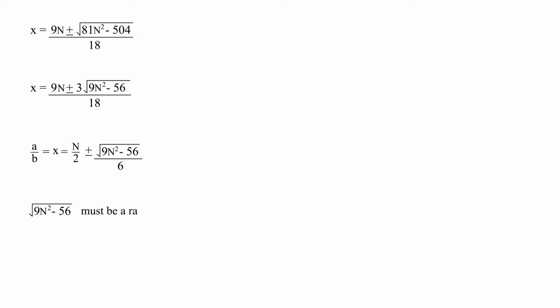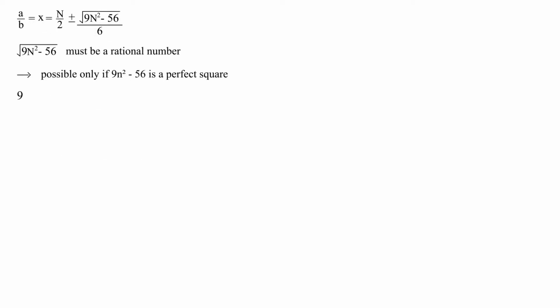And the only way that's possible is if what is inside the square root is a perfect square. So 9n squared minus 56 has to be some perfect square. We'll call it m squared.